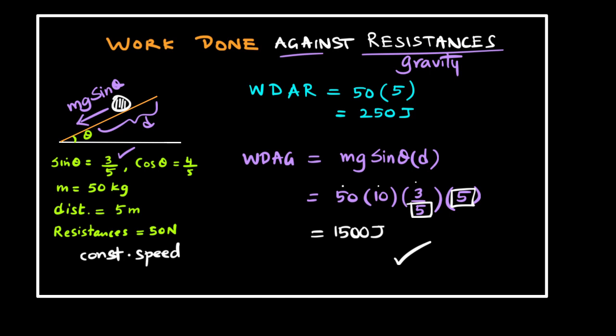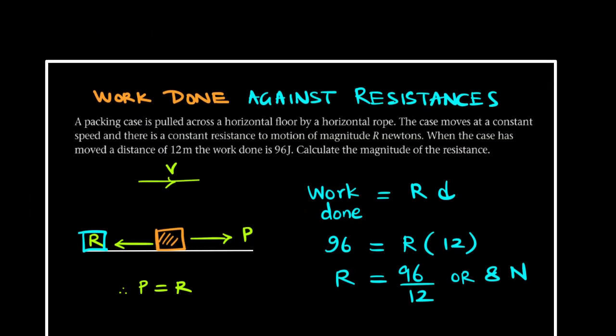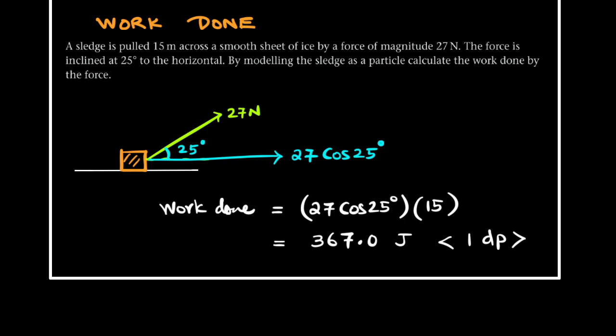Similarly, work done against gravity is gravitational force into distance. And if we continue looking up, for example, in this case, it's also about work done against resistances. Similarly, in this particular question, we took the horizontal component of force, multiply by the distance, and we get the work done by the force. That's what this video is all about.